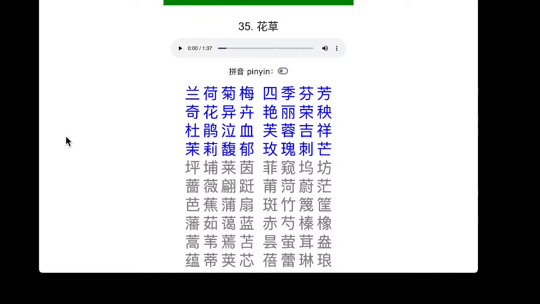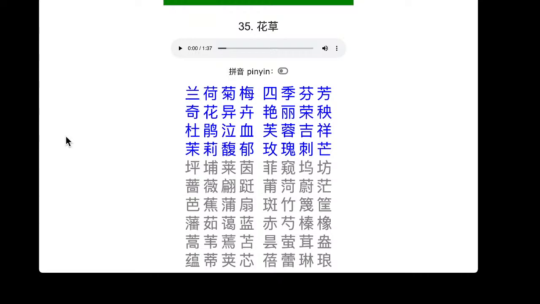And so the legend goes, the bird cries all the time, even crying blood. Okay, that's what the legend says. So that's why I say 杜鹃泣血, 芙蓉吉祥. 芙蓉吉祥 means this 芙蓉 blossom brings luck. So Chinese people often use 芙蓉花 to send good wishes.